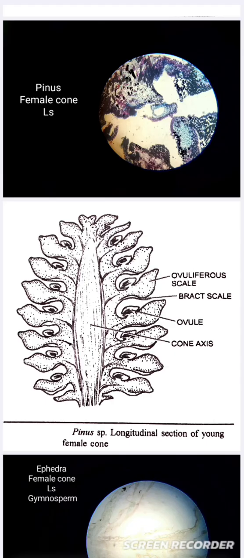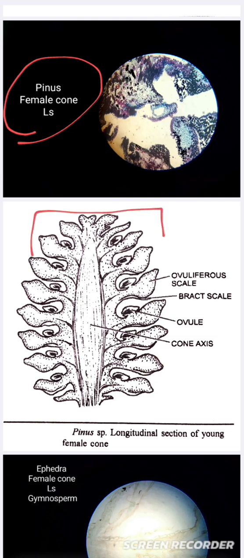If we see the longitudinal section of the female cone of Pinus, the female cone arises on the dwarf shoot. It contains megasporophylls which are acropetal in succession.